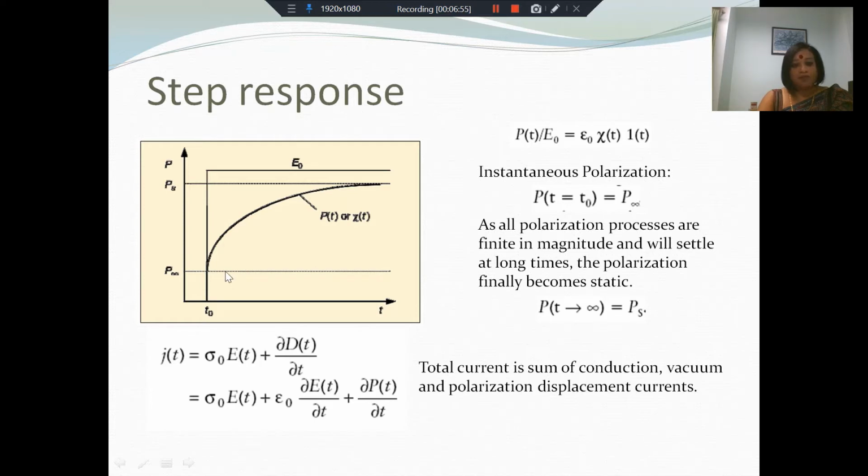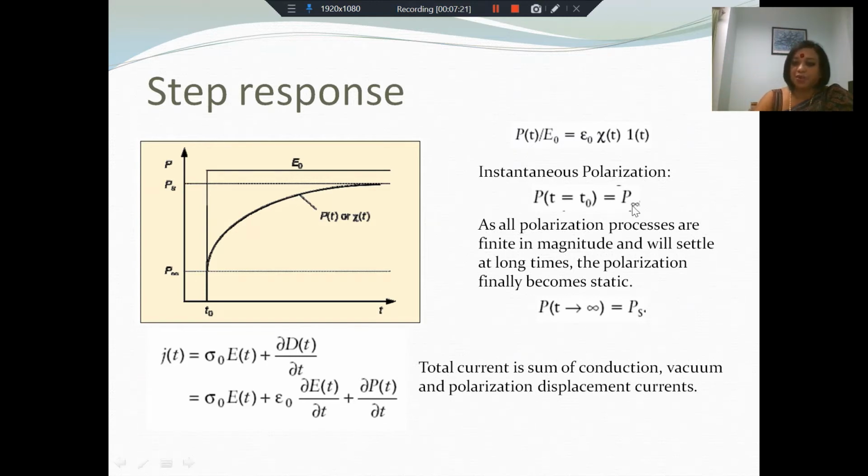Now, after that, as time passes, more and more polarization processes continue. Remember, there are many kinds of polarization processes that take place in a material. Some of them are fast processes, some of them are slow processes, depending upon the kind of polarization process. Some polarization processes may take a very long time to complete, whereas some will happen instantaneously.